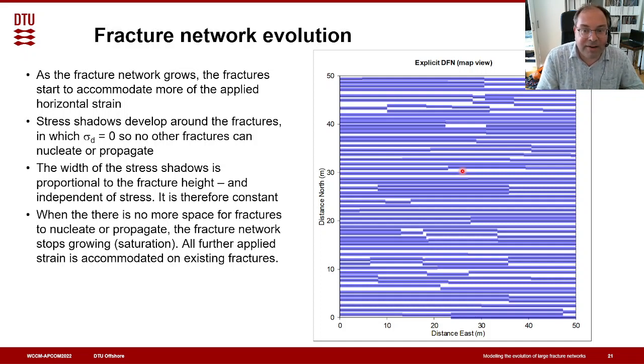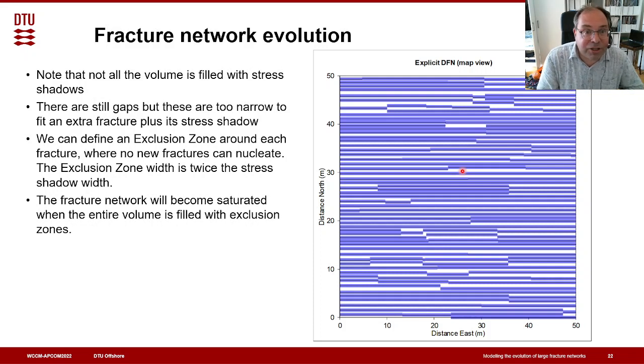It has reached a saturated stage. All further applied strain is then accommodated by displacement on the existing fractures. Now, note that when we reach the saturated stage, not all the volume is filled by stress shadows. There are still gaps between the stress shadows, but these are too narrow to fit additional fractures plus their stress shadows in between the existing stress shadows.